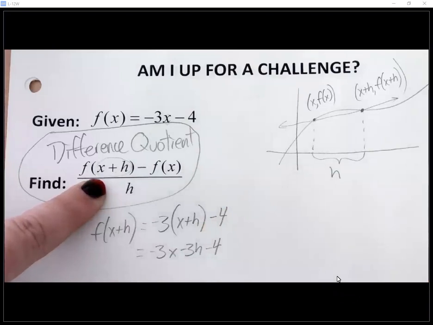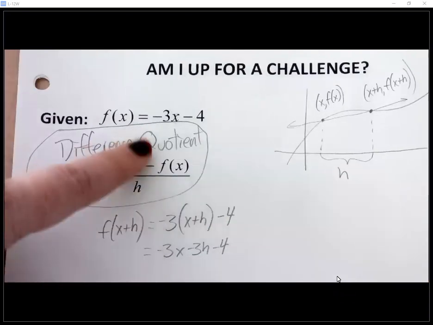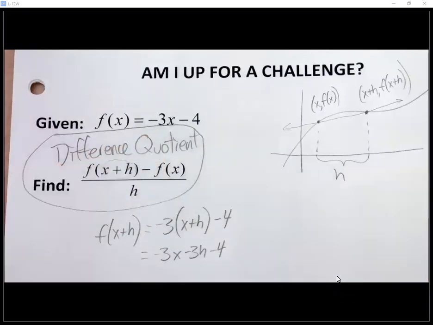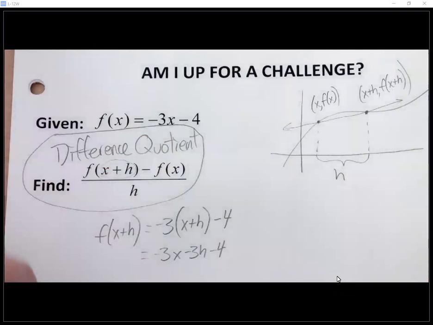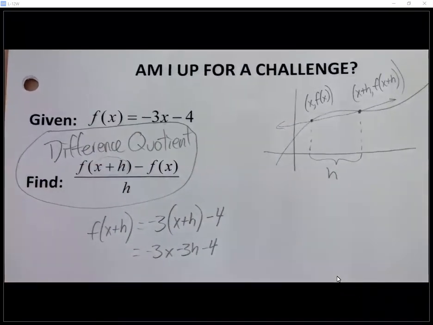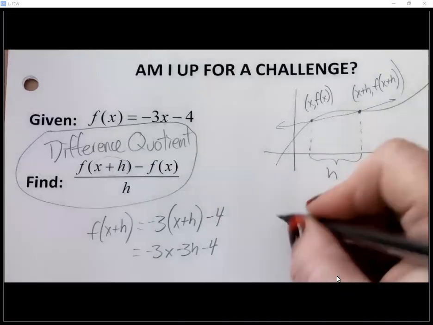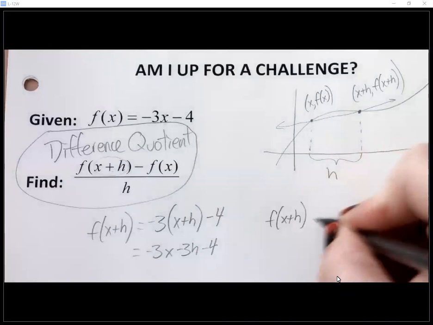F of x, I already know what it is. There's nothing else that I need to change there. I'm just going to subtract all of it, and then I'll divide the whole thing by h. So now let's kind of put all the pieces together. So I'm just going to rewrite the difference quotient here. It's helpful. The more you write it, the sooner you'll remember it.